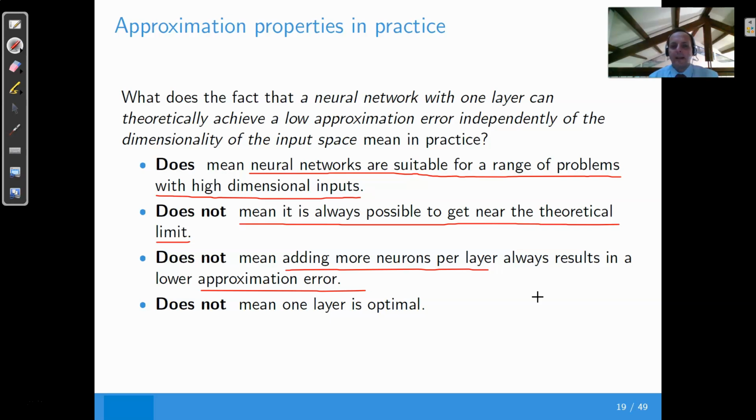And another result is that normally one layer is not optimal. For our applications, meaning signal processing, normally we are using a number of layers equal to 3.